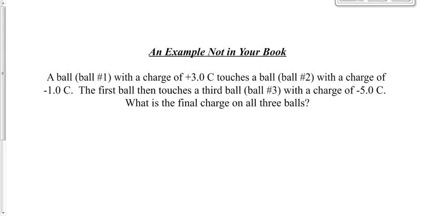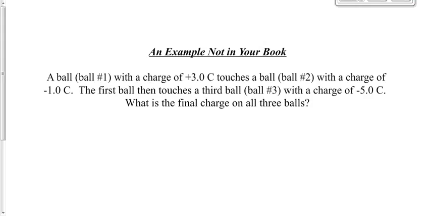Now, you can imagine if I have one object that is a small sphere and one object that is a massive sphere, then the massive sphere will hold more charge than the small one. Right? But we're going to assume that when we do questions like this, they're all the same.